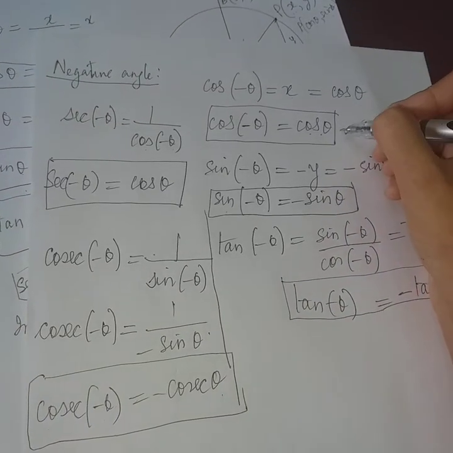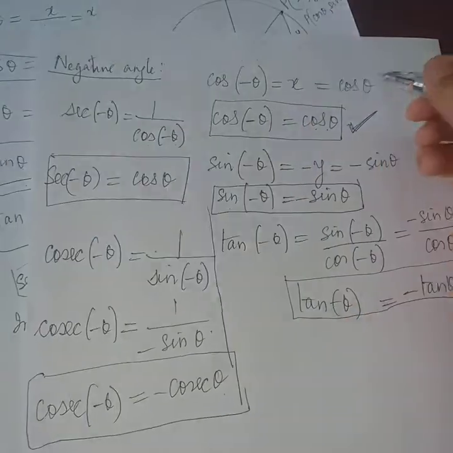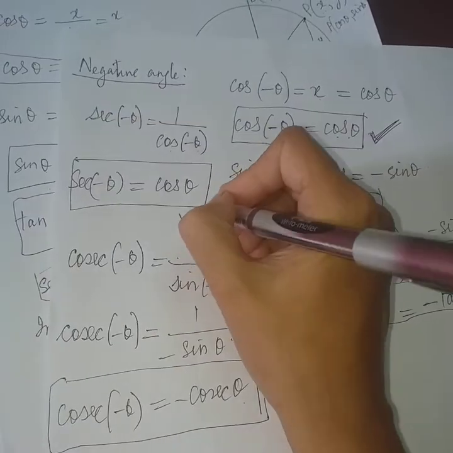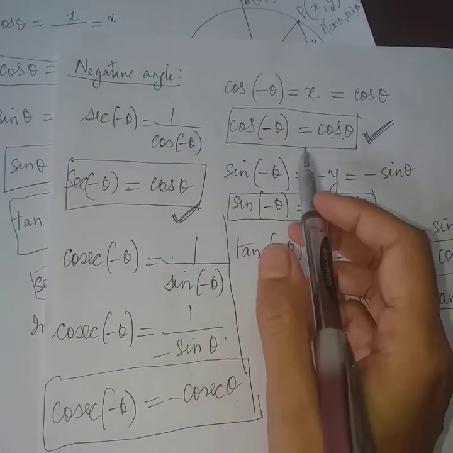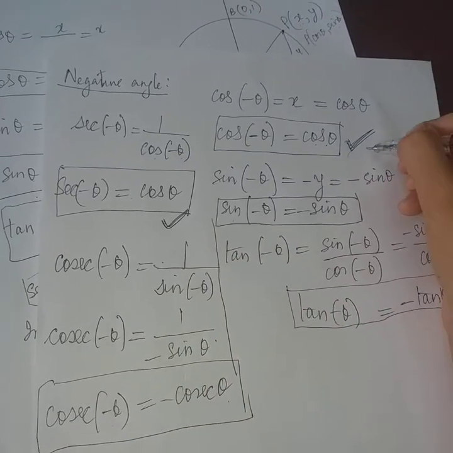Now the functions cos and sec, here we see that there is no minus sign, so this kind of function is called an even function.